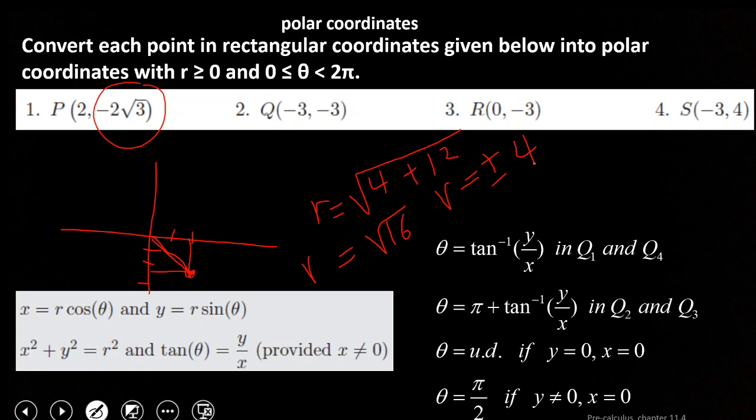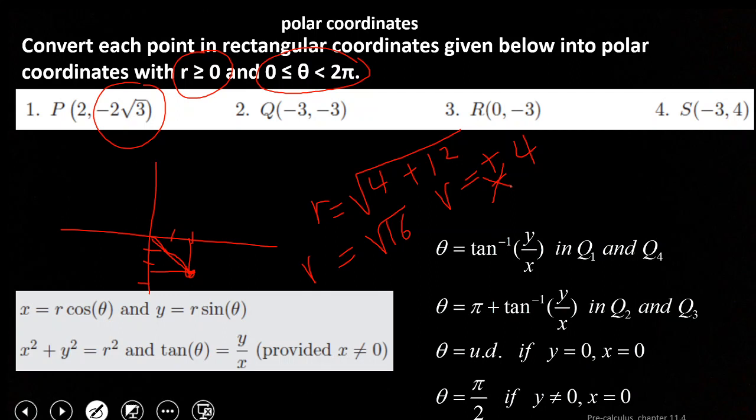Here it says let r be positive and only find theta from 0 to 2 pi. If we do that, we don't have to consider the negative 4, and we can limit the points to a unique one. So now we are going to find the angle.